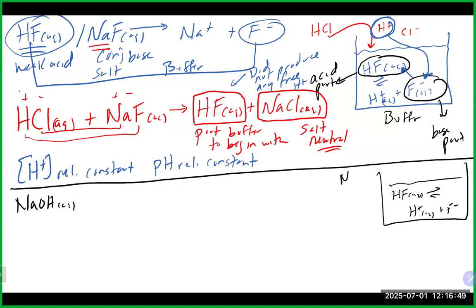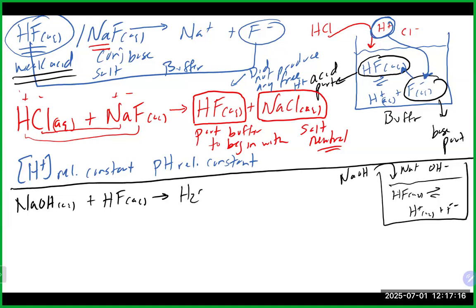And now we're going to add some sodium hydroxide, which is really sodium ions and hydroxide as the source of those things. Obviously here, sodium hydroxide is a base, which means when I add it to my buffer, it should react with the acid part of the buffer. And here we're just going to get a basic acid-base reaction. And in this acid-base reaction, we will make a salt and water.